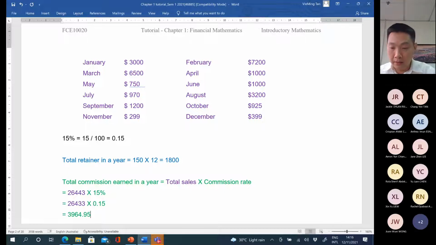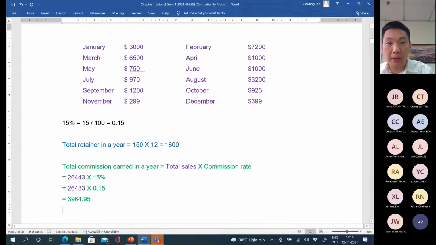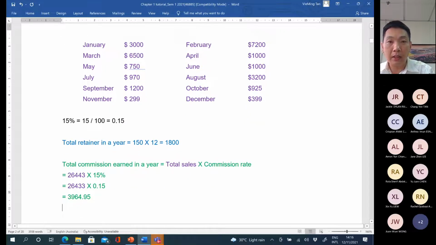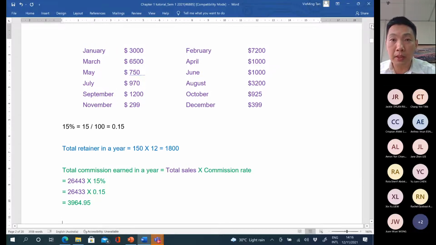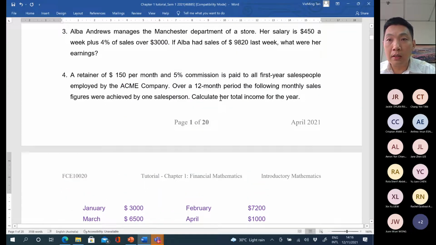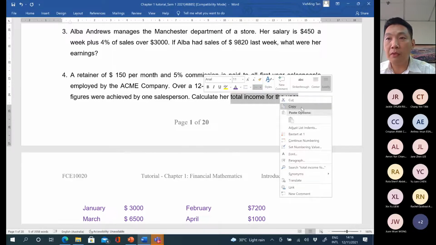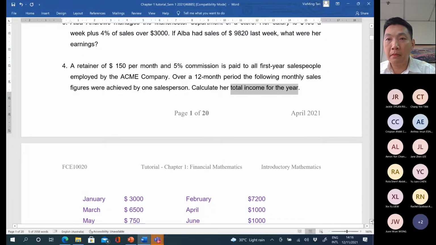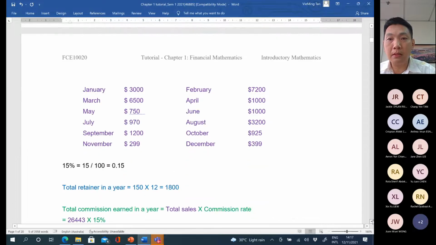Okay, and then the next step is you sum up the total retainer and the total commission earned by the salesperson. So we can use the keywords from the question. What is the keyword used? Total income of a salesperson. So this is for the year. Total income for the year, on a yearly basis.